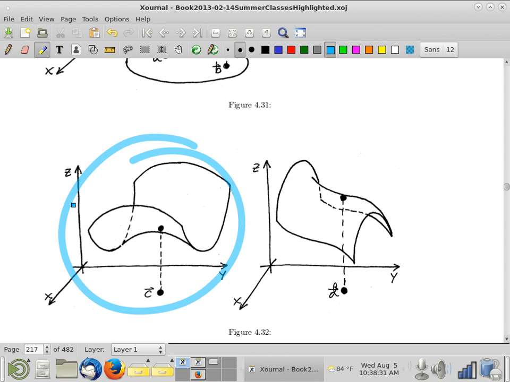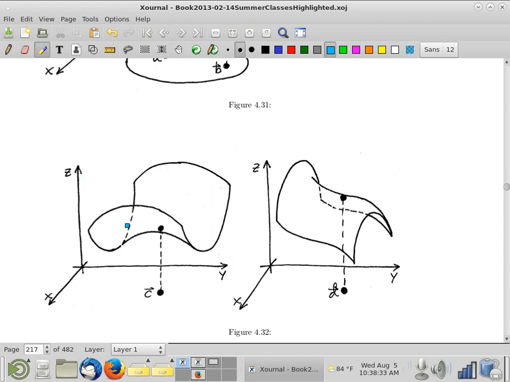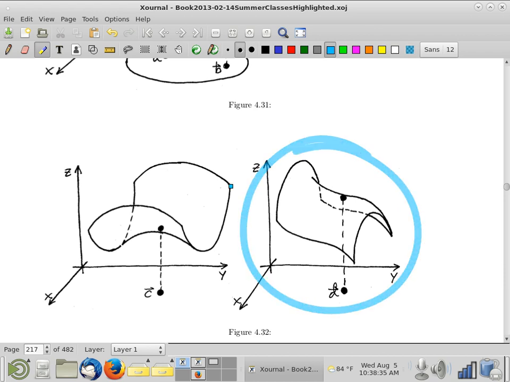But that's also not the only other possibility. This is what I like to call a shoulder point, because it kind of looks like a person's shoulder, right? So in some sense, in one direction, it's kind of a maximum in that one direction, but it's kind of an inflection point perpendicularly to that.